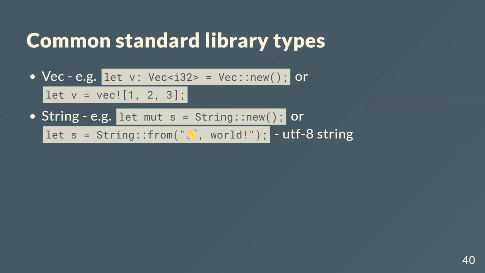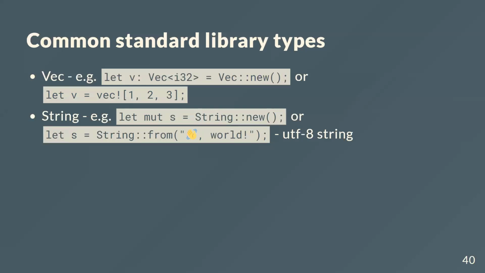You also have strings, which are essentially just secret vectors, apart from they are always UTF-8 strings. So we talked earlier about the char type, which was 4 bytes. Even if you were just writing a simple character like lowercase a or a capital B, those each one would still be taking up 4 bytes of memory.